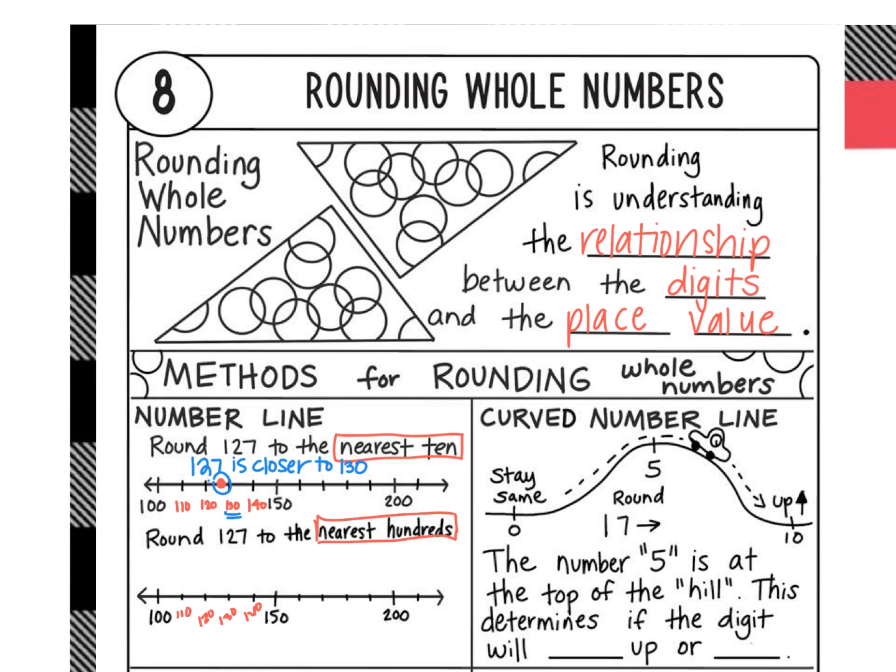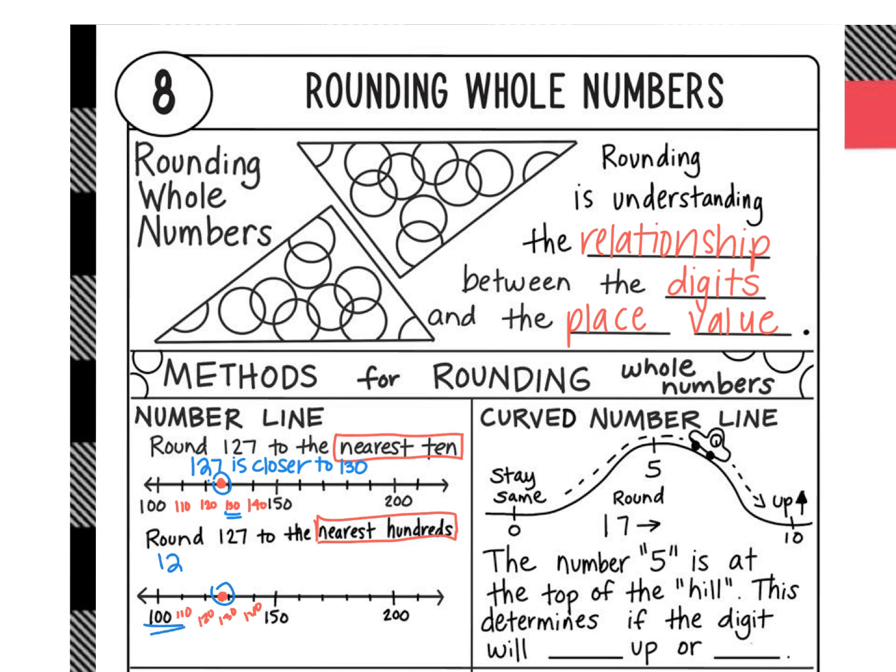So if I'm trying to round 127 to the nearest hundreds, and we've already established, thank you, Shepard, he told us that that dot is going to go just to the left of 130. If I'm comparing to the hundreds, is it closer to 100 or is it closer over here to 200? 100. Yeah, it's closer to the 100.